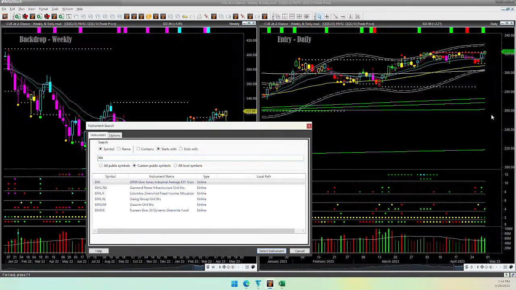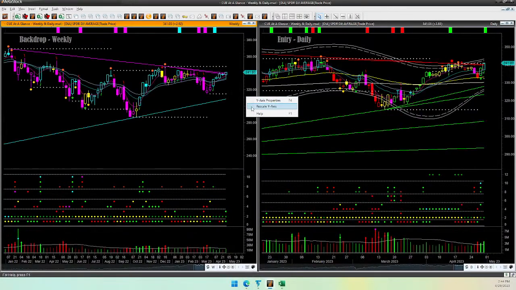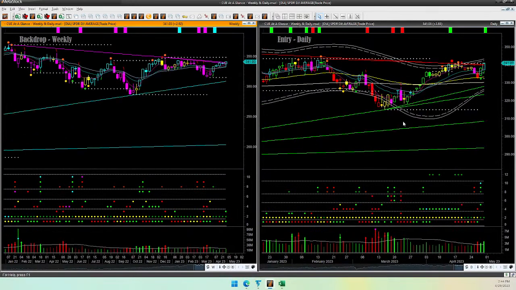And DIA had the flow on Friday, bullish flow, possible flow long setup, and also a breakout on Friday. Weekly closed bullishly. Here, weekly also has a breakout.